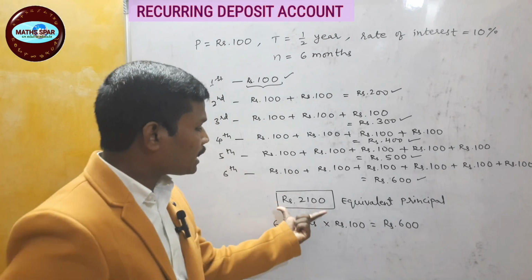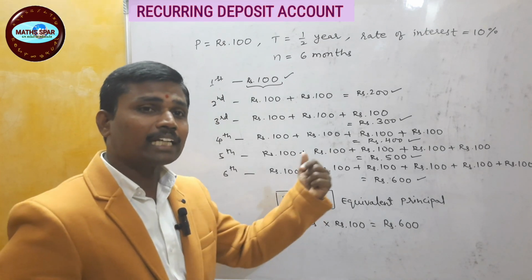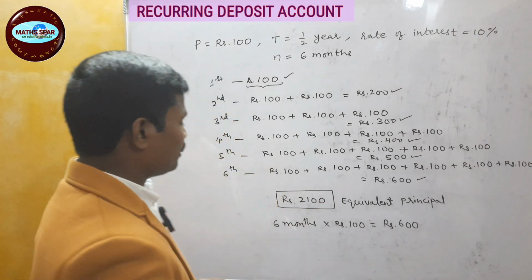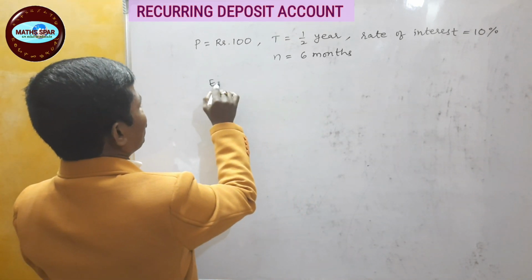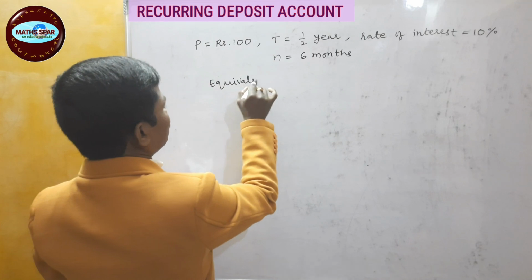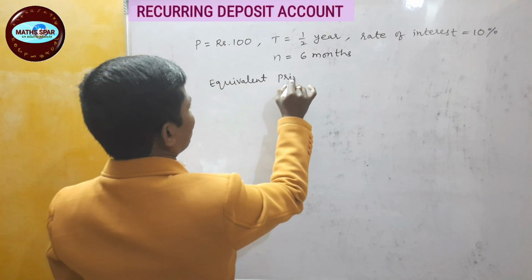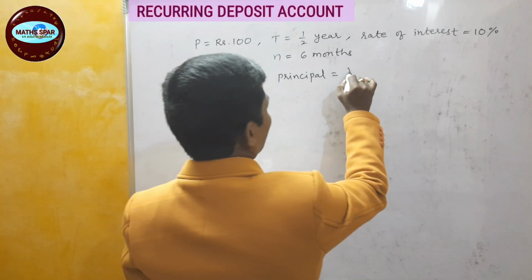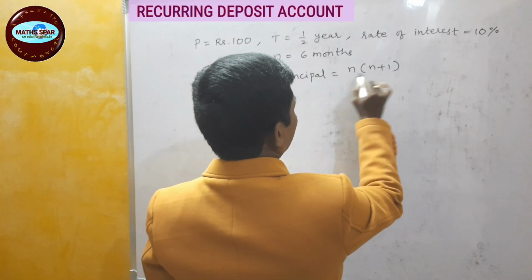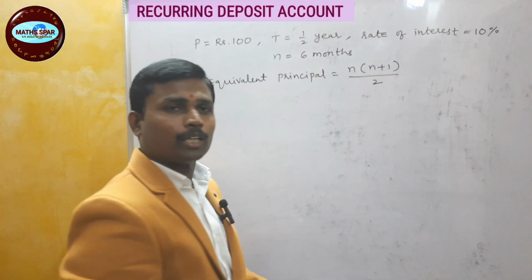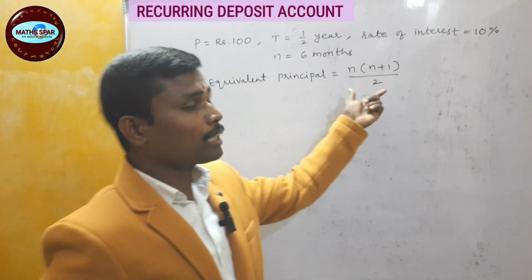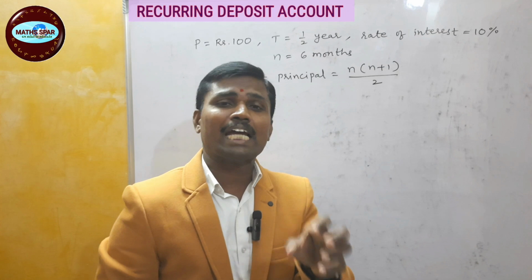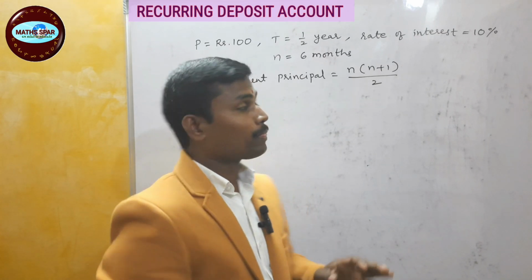But on this equivalent principal, the interest is calculated. In what way it is calculated? Equivalent principal can be found by using a formula that is n into n plus 1 by 2. N into n plus 1 by 2 states sum of first n natural numbers.